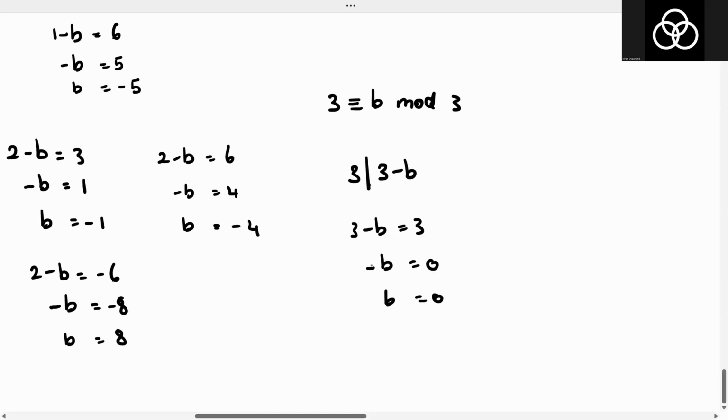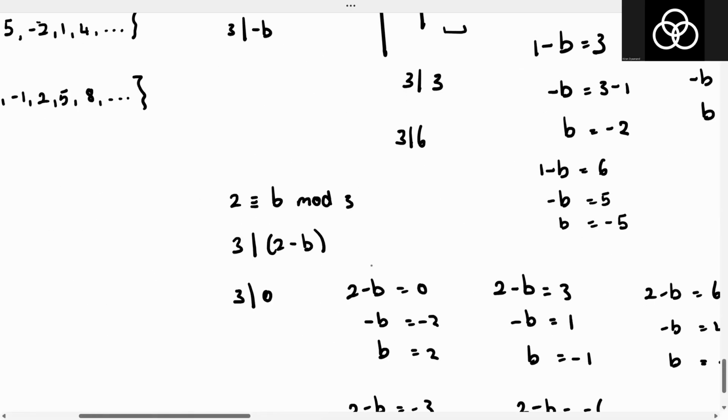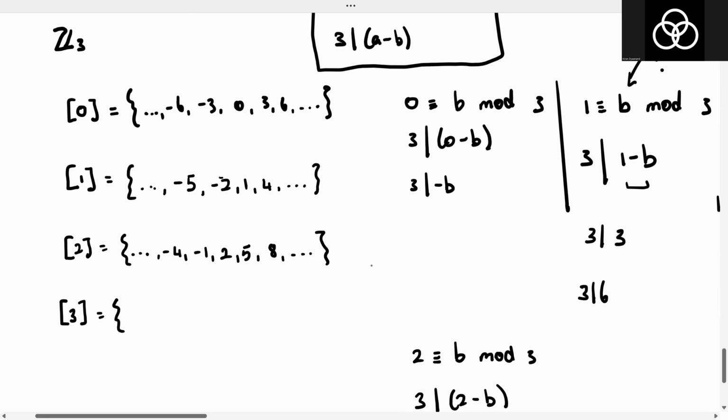Or maybe we want it to be 9. 3 minus B is 9, minus B is 6, so B is minus 6. So what we realize here is that if 3 minus B is a multiple of 3, then B is a multiple of 3. So we are back to our first case. The values here will be minus 6, minus 3, 0, 3, 6, and so forth. But this is just equal to the equivalence class of 0.